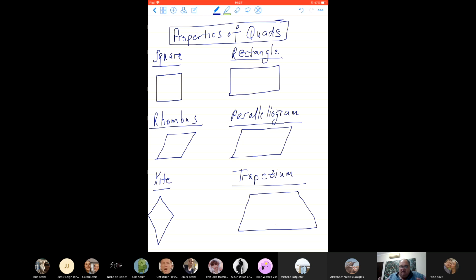So if they tell you a figure is a parallelogram, you have to be able to mark every single characteristic of a parallelogram.